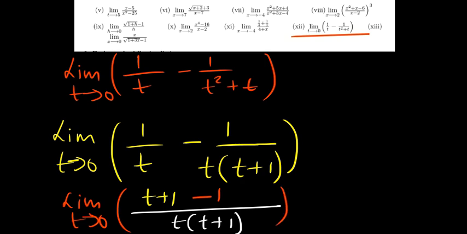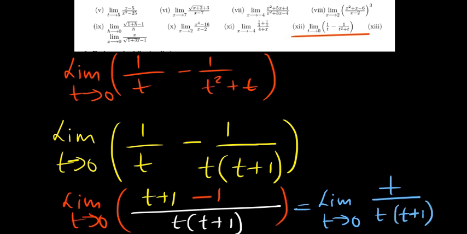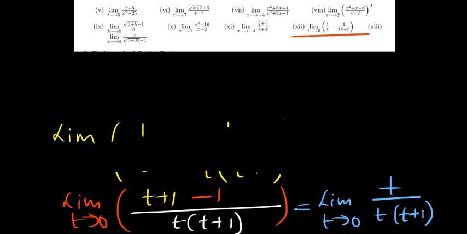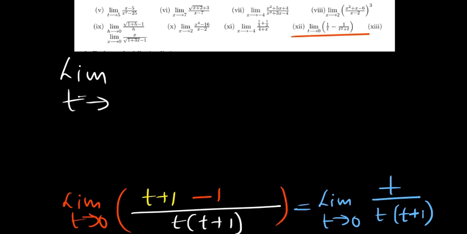And so what remains, we have the limit as t approaches 0. For the top part, only a t will remain, and then the bottom we have a t and then t plus 1. So we have the limit as t approaches 0 of t over t and then t plus 1.